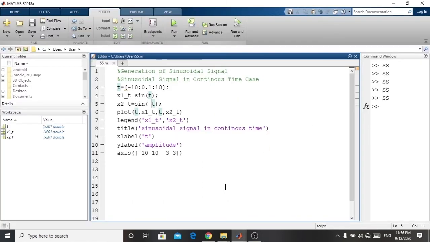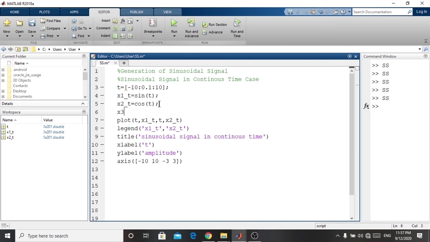Now let's do the signal addition operation and get its graph. For that x1_t is equal to sine of t and x2_t is equal to cos of t.